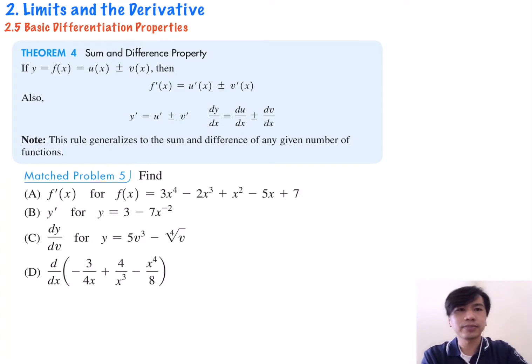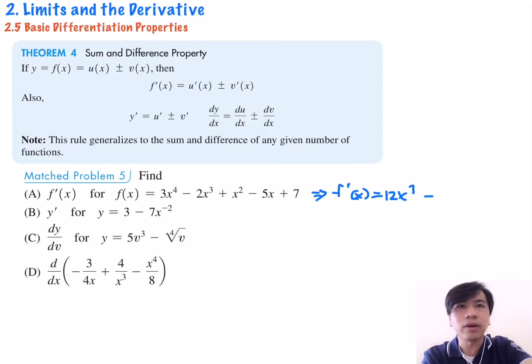Okay, and for a, f prime of x. For f of x, look one by one, 3x to the power of 4. So 4 times 3 is 12, and then x to the power of 4 minus 1, 3. So this will be 12x to the power of 3.